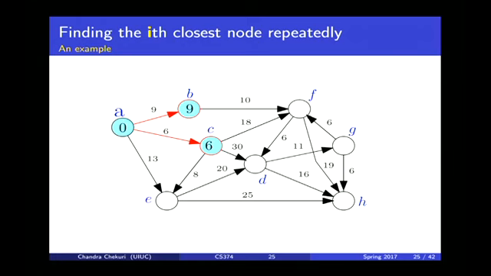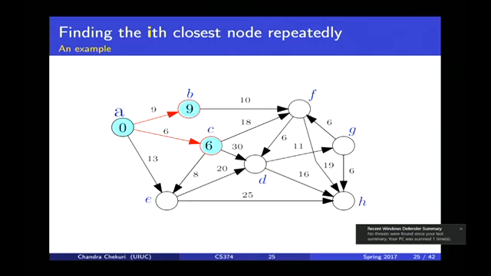What property do these distances satisfy? They must be at least as much as the shortest path distance. They cannot be less than the shortest path distance, because we are restricting the set of paths. I'm not allowing you to use all the possible paths, I'm only allowing you to use these three guys. So every number I calculated for everybody is at least bigger than the shortest path distance from the source to that vertex.